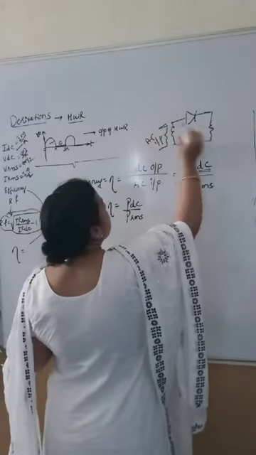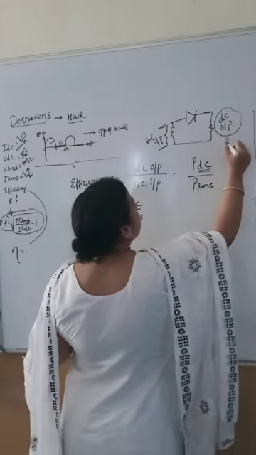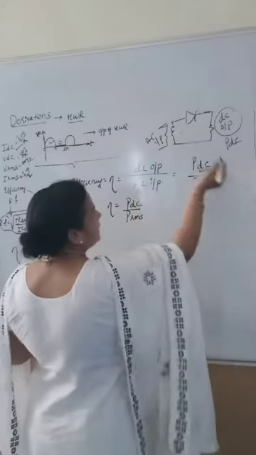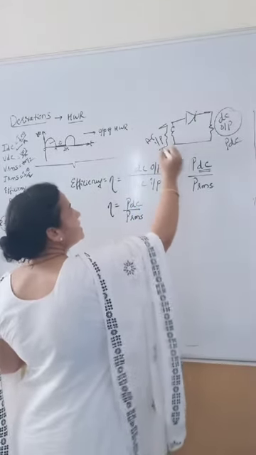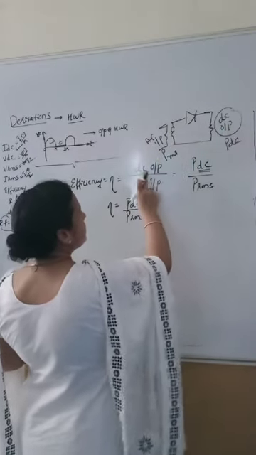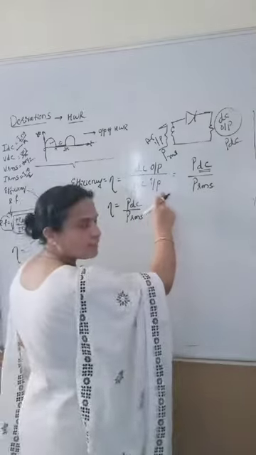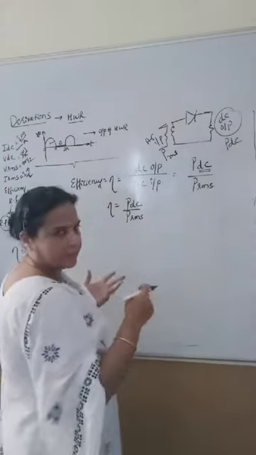AC input was here, DC output was here. Now we are considering this in terms of power, that is power DC. Input power means power AC, that is the RMS value. So DC output divided by AC input is nothing but PDC divided by PRMS.